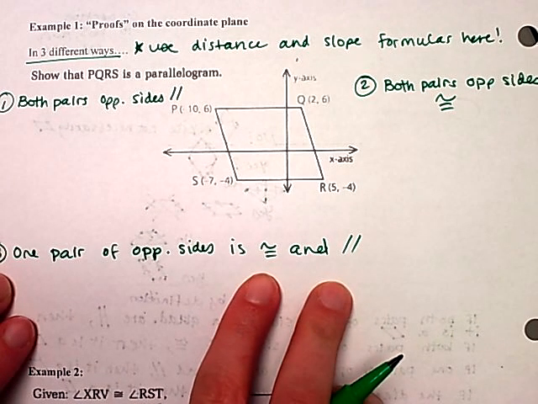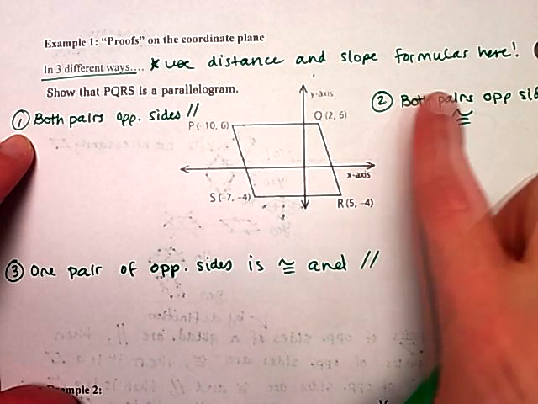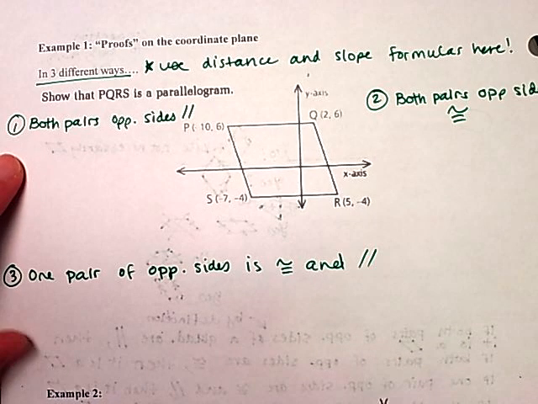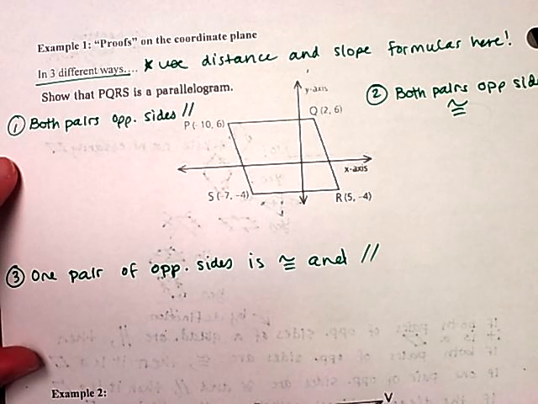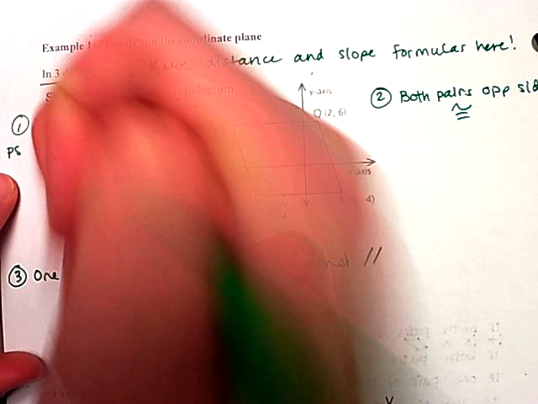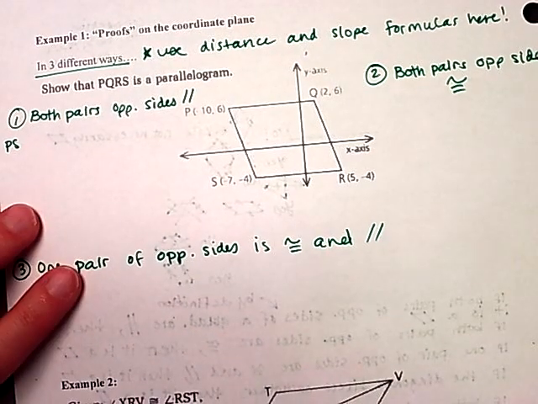So how does this work? We'll do number 1 together, and then I'm going to leave 2 and 3 for you guys to try. So for number 1, if I want to show both pairs of opposite sides are parallel, then I need to find the slope of all of the different sides, right? So the slope for PS from these 2 points would be y2 minus y1 over x2 minus x1.